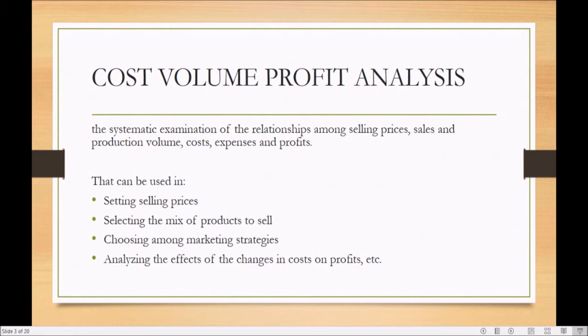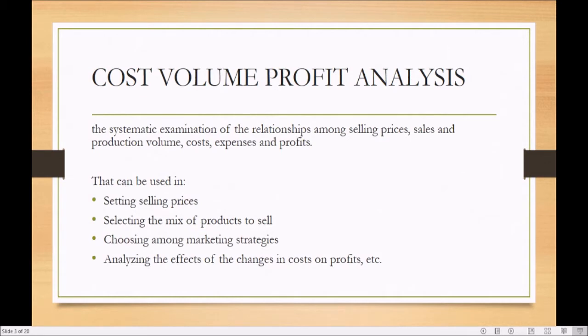Second, it can be used in selecting the mix of products to sell. Sometimes in businesses, a total fixed cost can be used on different or multiple products.